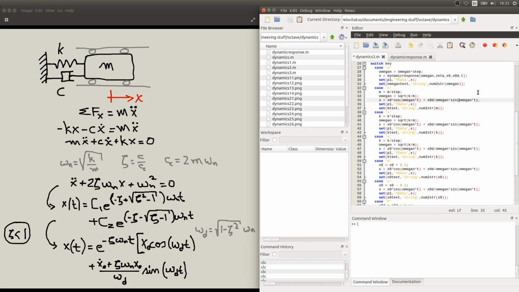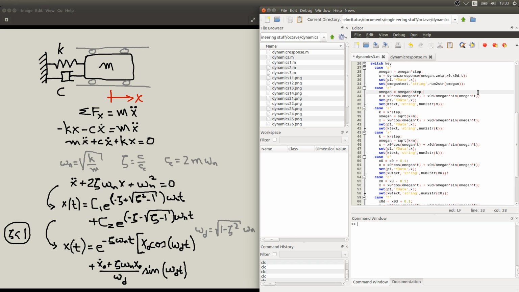So we'll have to do that for the first four cases in our switch structure.